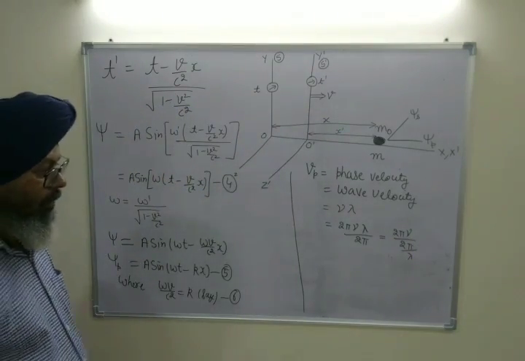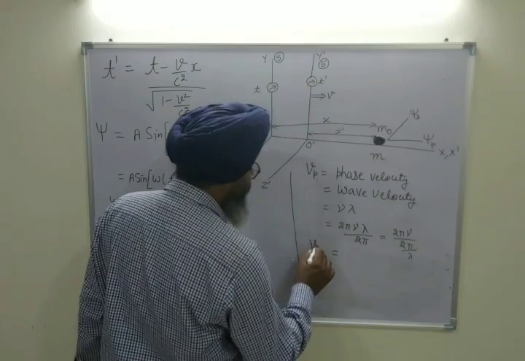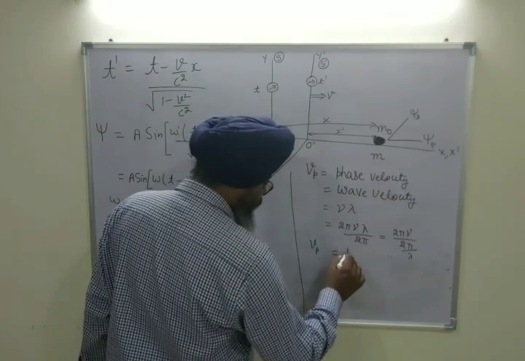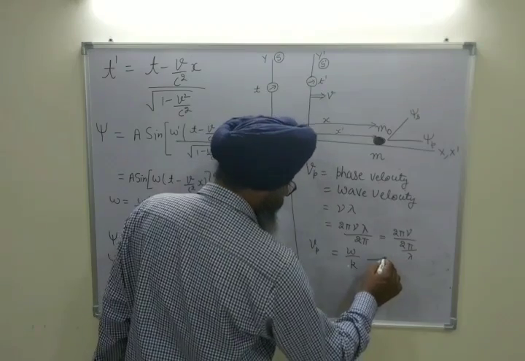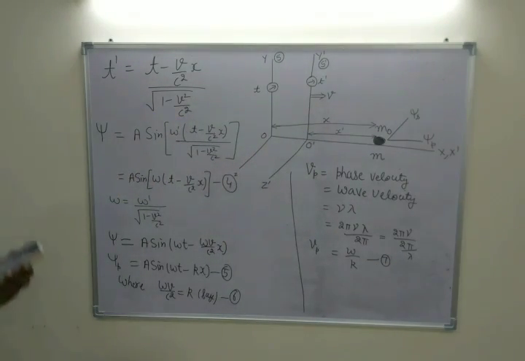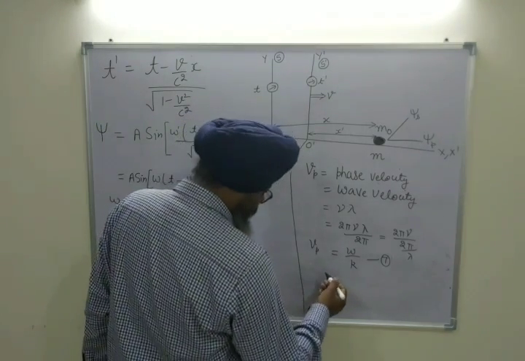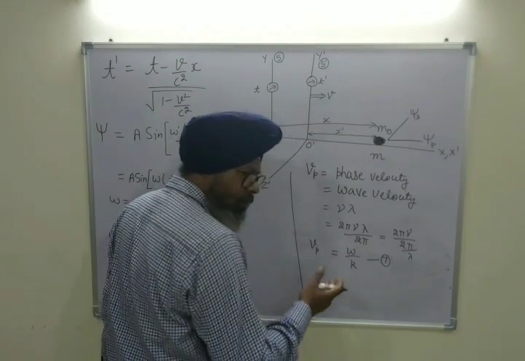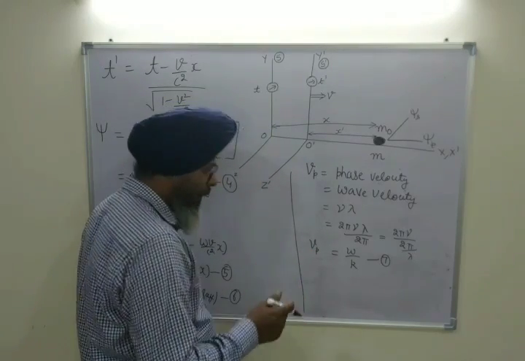wrong in it, but it will give me a new expression for the phase velocity, which would be the ratio of omega to k. I can write this as equation number 7. It is a very useful result. We will be using it more frequently in the articles to come. So we can also remember that this expression is actually valid for any wave, not only for matter wave.